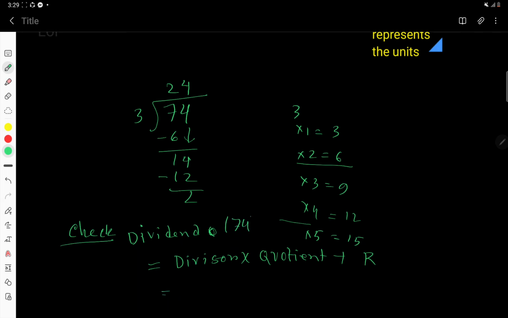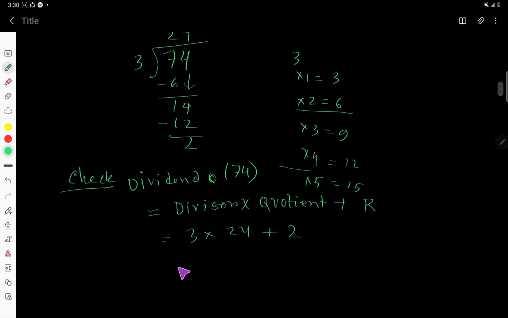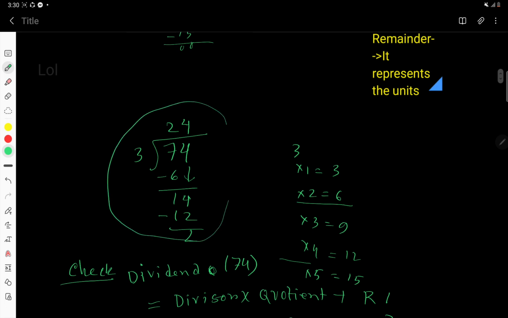The divisor is 3, the quotient is 24, plus remainder 2. 3 times 4 is 12, so write 2 and carry 1. 3 times 2 is 6, plus 1, 7. That is 72, plus 2, that is 74. So dividend equals divisor times quotient plus remainder. So this is the right long division.